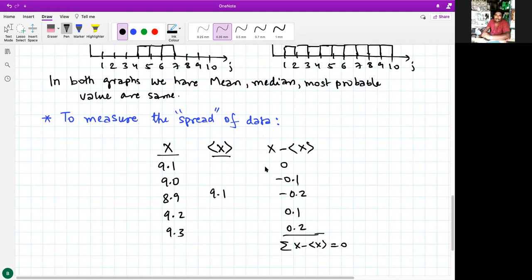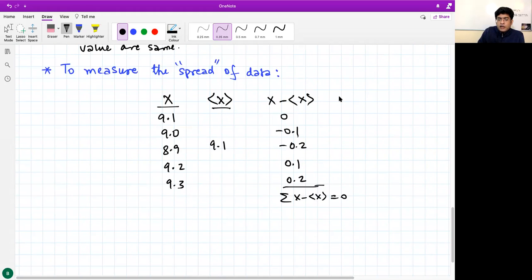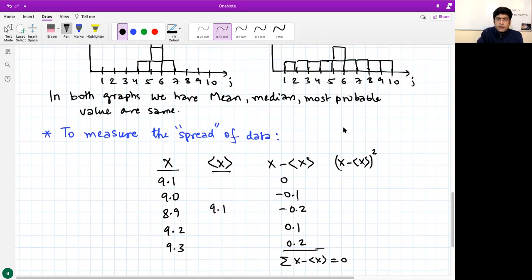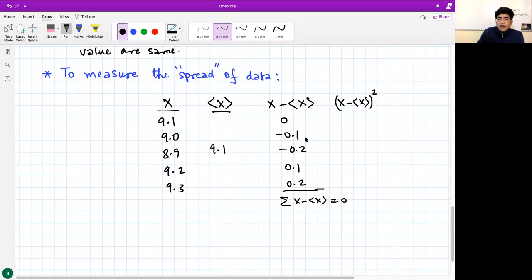All right. So what we do is we define something called (x minus x mean) whole square. When we find this value and then sum them, it won't be 0, and that will give us a measure of the spread of a graph. In these two cases it will be different, because the value of (x minus x mean) whole square will be different.